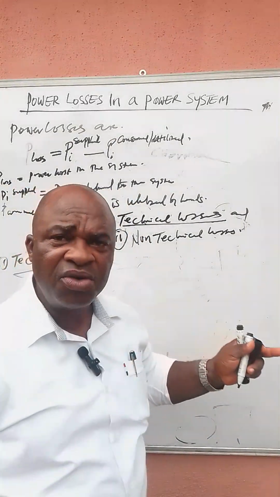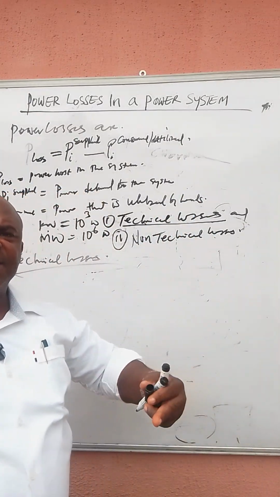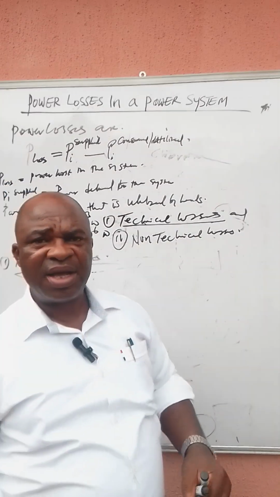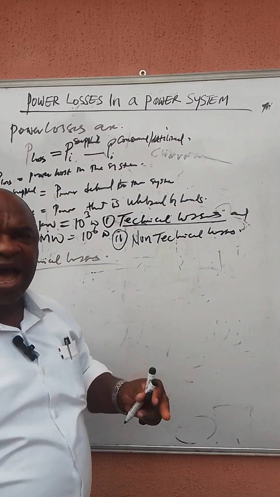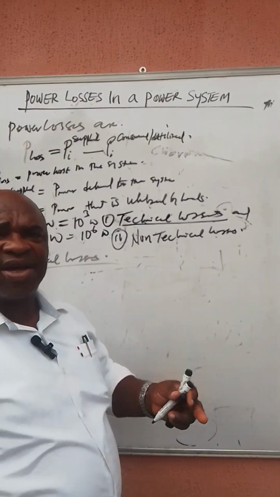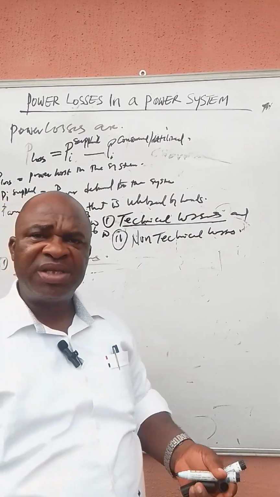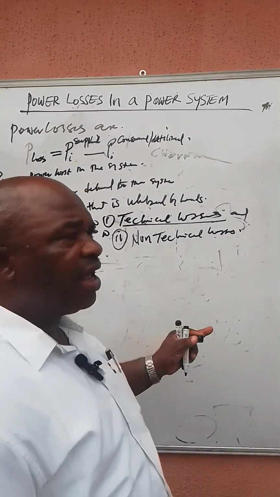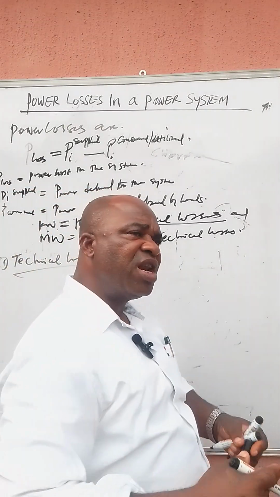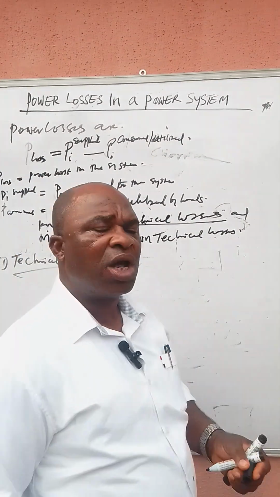Technical losses are those losses that occur in our network due to electrical properties or characteristics of the equipment. These losses are more or less not man-made, but a result of the equipment which we are using to generate, transmit and distribute. Any physical property of the equipment that results within the process of operation will be termed a technical loss.